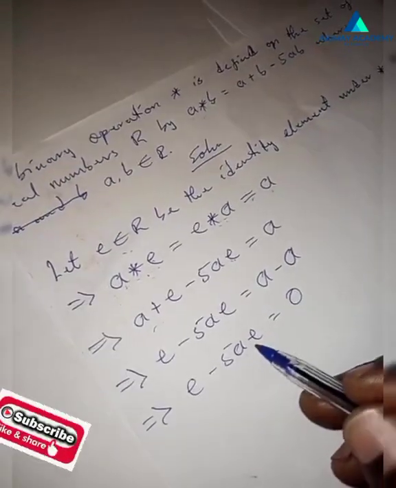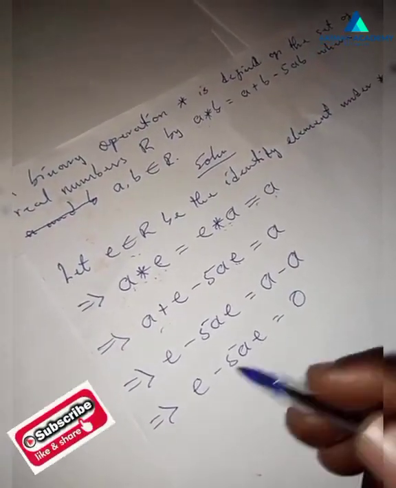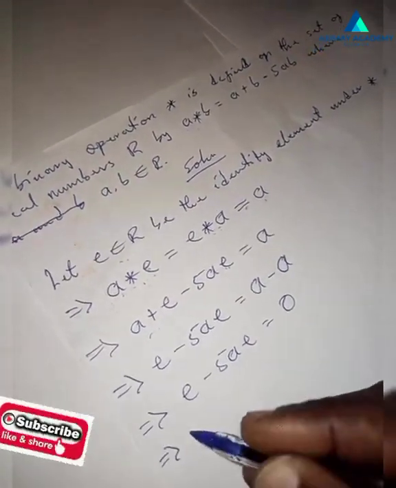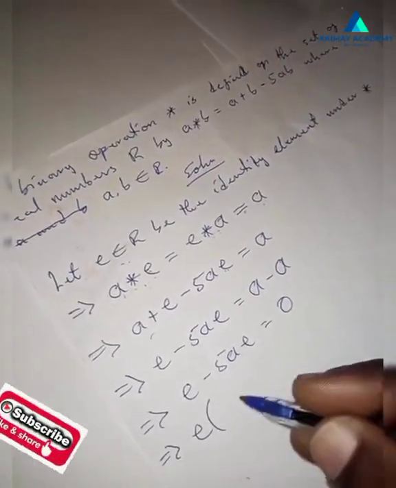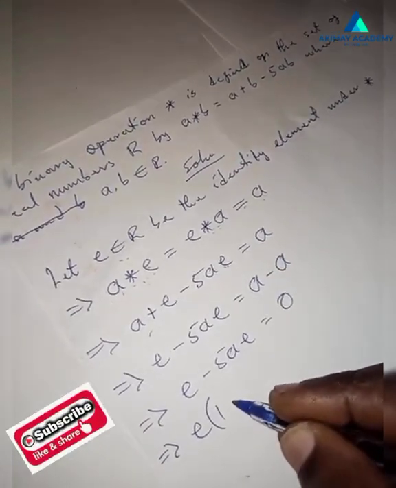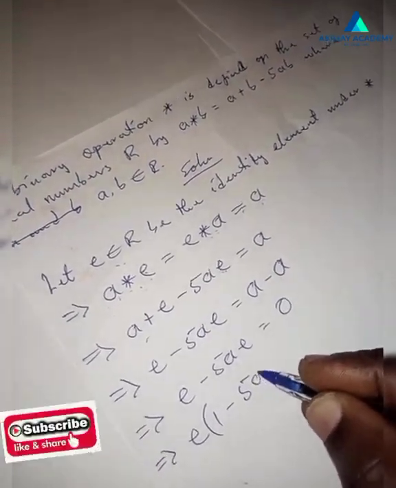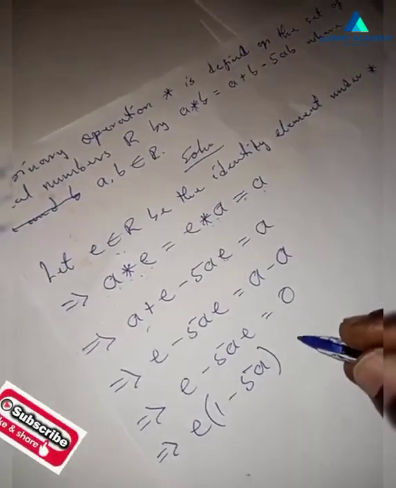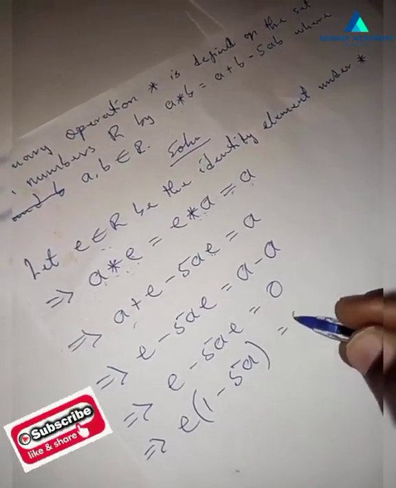Okay, then here you could see we have E here, we have E here. I think we can factor our E out. So we have E out, open bracket. Here we'll be left with 1 minus 5A. Okay, and which will be equal to 0.